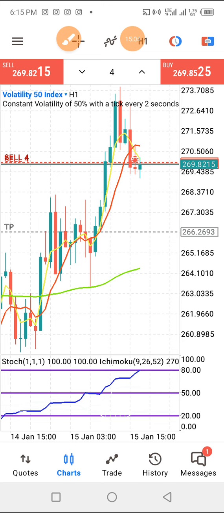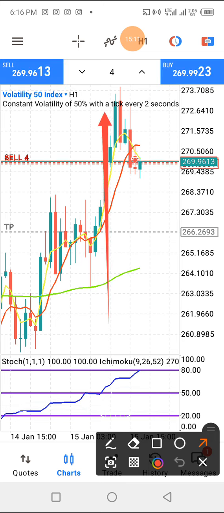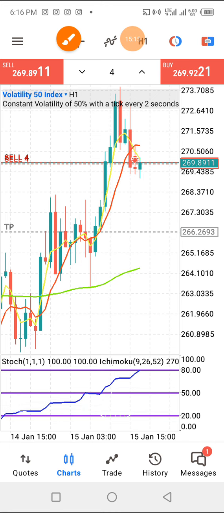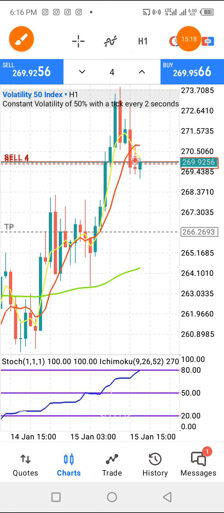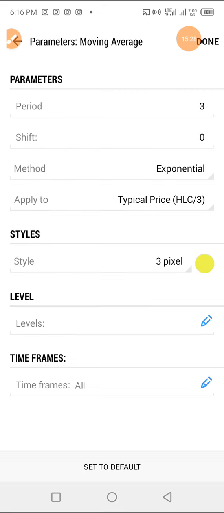Alright, the settings. For the settings, you come to this point here. For those of you whose own is dollar, use it. You click on it. Immediately when you click on it, it will take you to where your indicators are. Please, I won't be able to start telling you everything, so just screenshot. In the main chart, these are the three indicators.